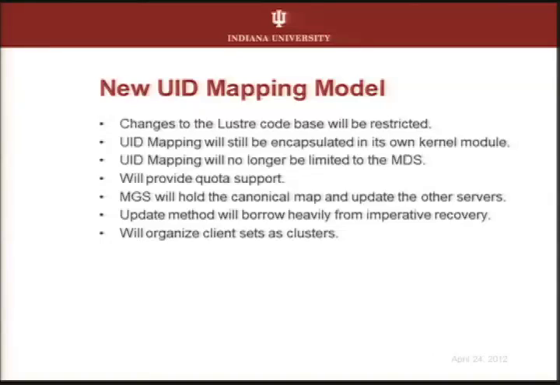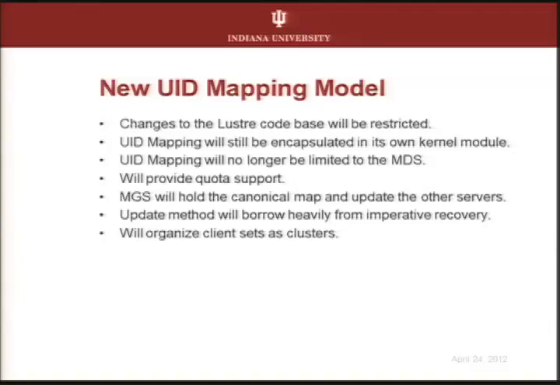So the new UID mapping model that OpenSFS is supporting us to build is going to change things to make them more efficient and to fix some of our current problems. Changes in the Lustre code will still be restricted by making most of our changes in a separate kernel module. UID mapping will no longer be limited to the MDS and will provide quota support.